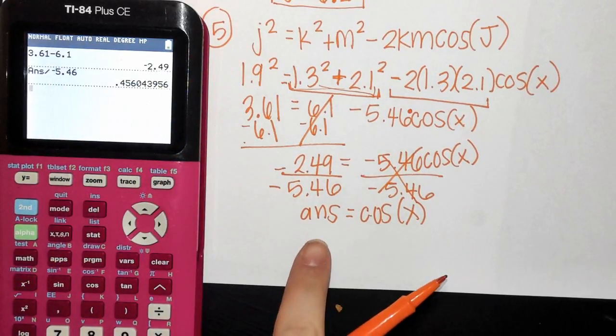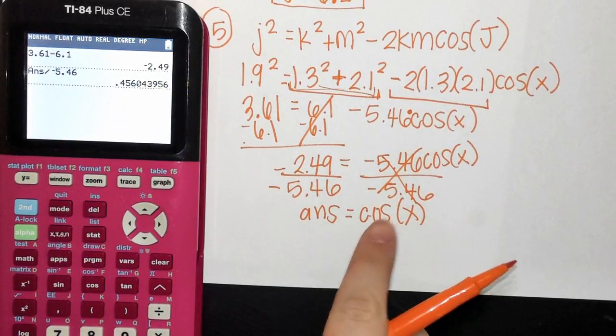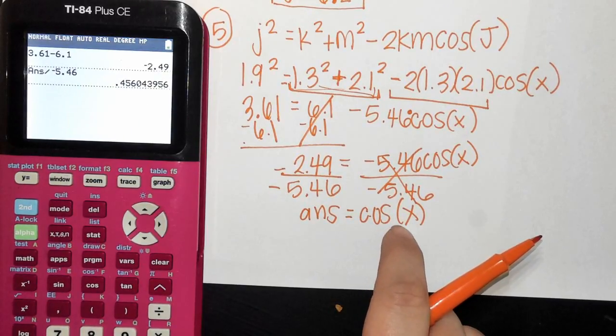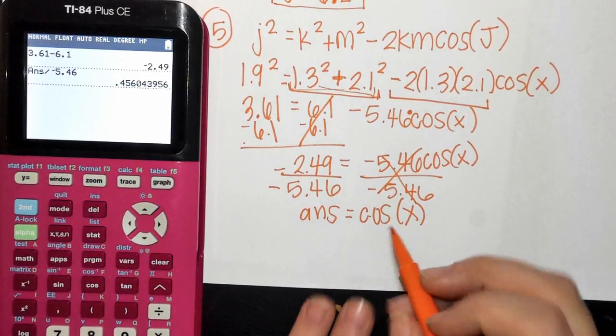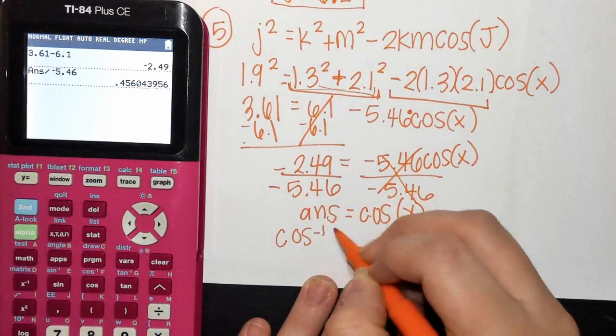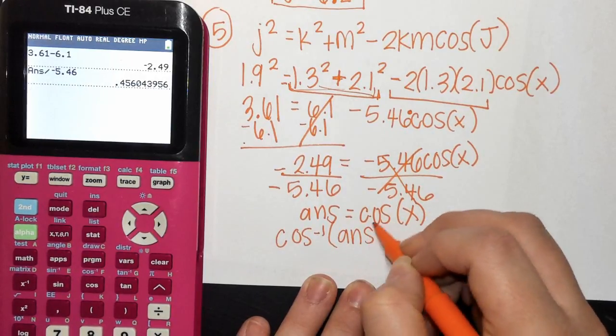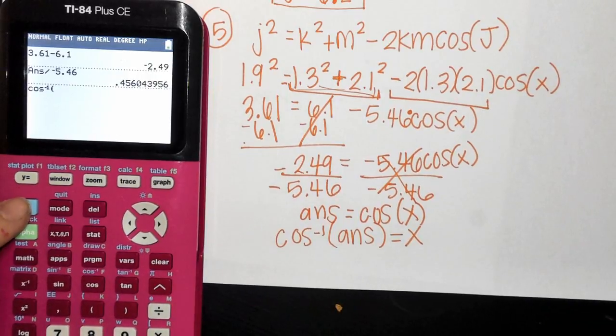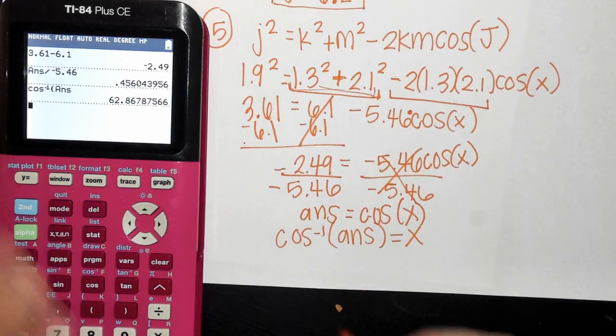I'm not done. Because if I break cosine in x, then I have to do what? Inverse. So it's easiest to just plug in your calculator. Inverse of cosine equals your answer. So do second cosine, second answer, and this is your answer.